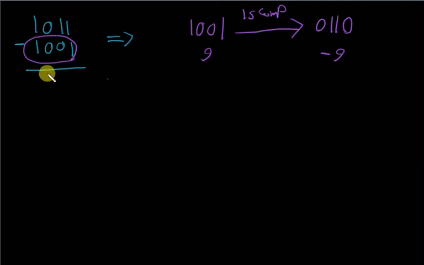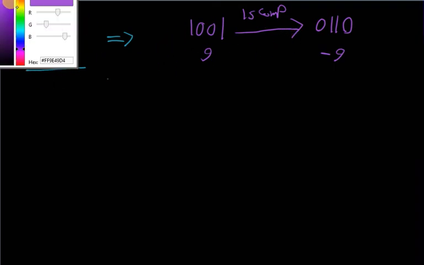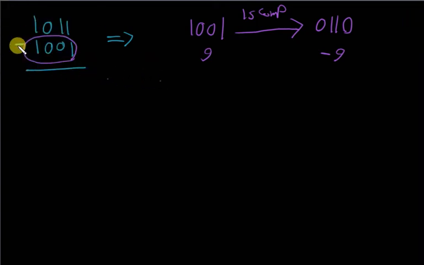Now I can change this to an addition instead of subtraction, and I can just add this number with the negative of 9. So I'm going to write 1 0 1 1 plus 0 1 1 0.